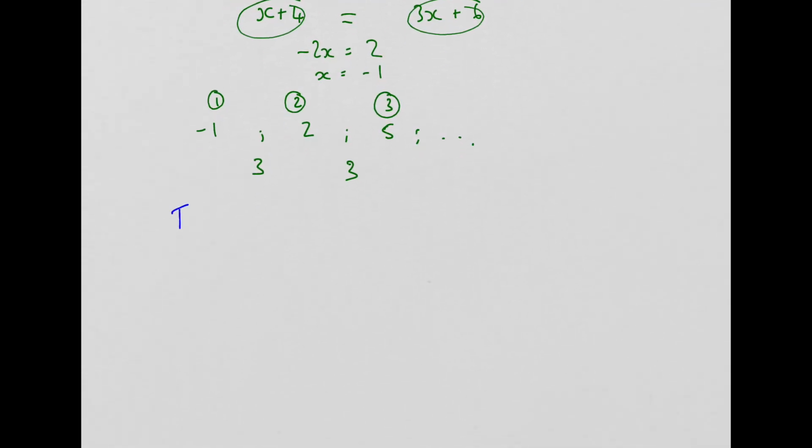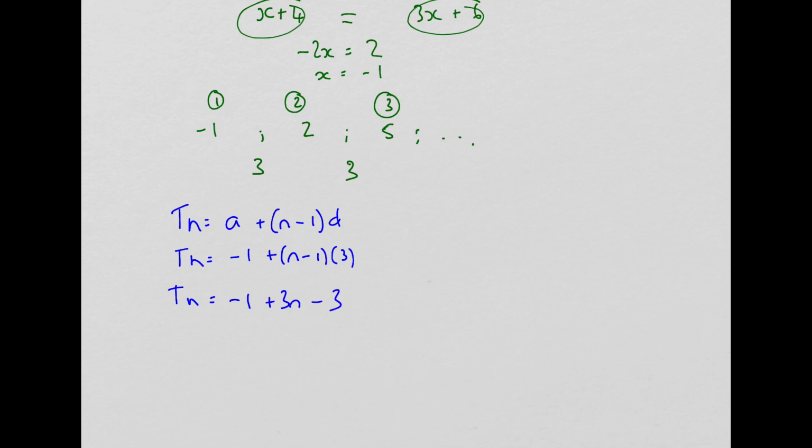Remember, the general term Tn for an arithmetic sequence is a plus (n minus 1) times d. The first term we've worked out is negative 1, plus (n minus 1) times the difference, which is positive 3. Now multiply that out, and we get minus 1 plus 3n minus 3.